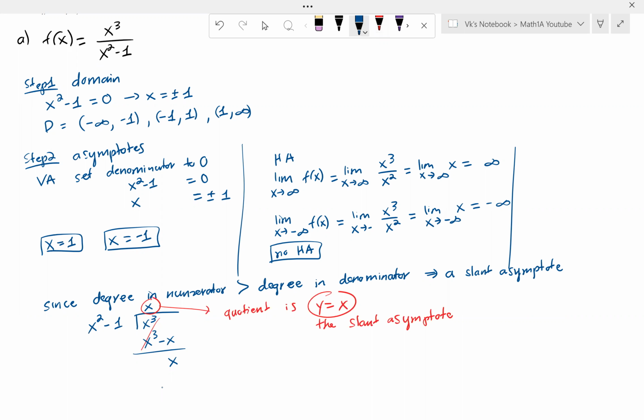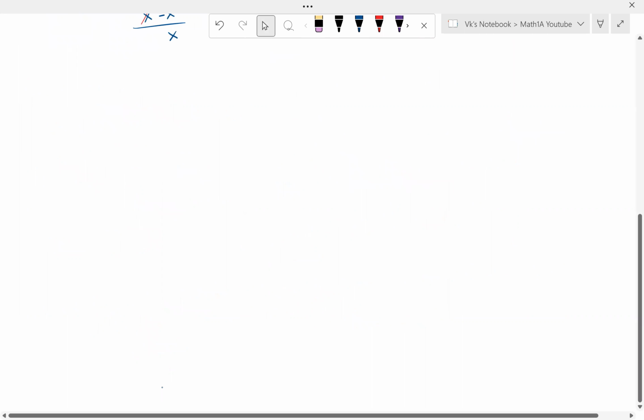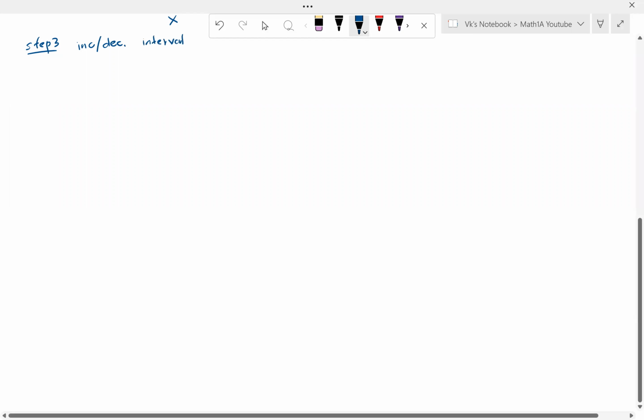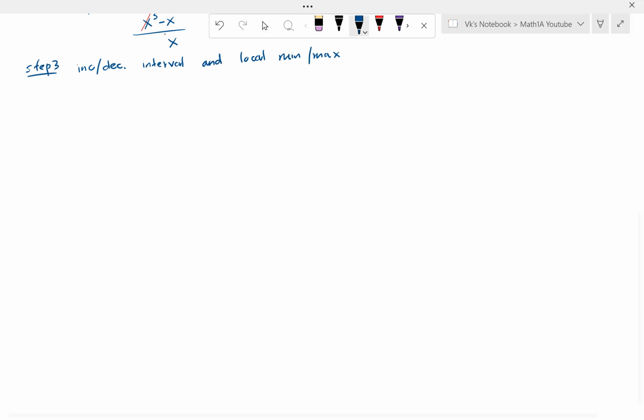So that will be step 3: increasing, decreasing intervals and local min and max. To do that, we have to take the derivative.